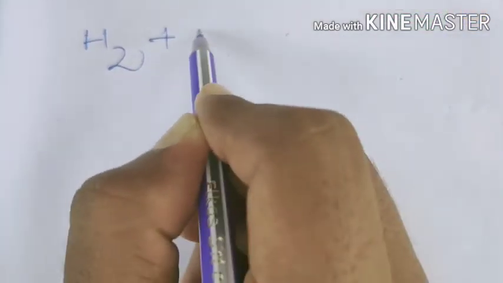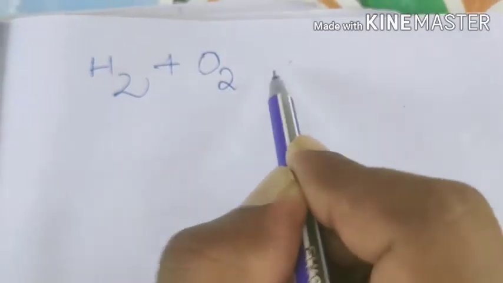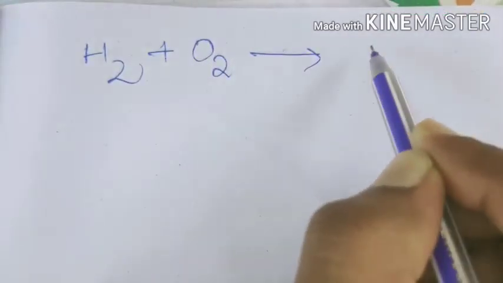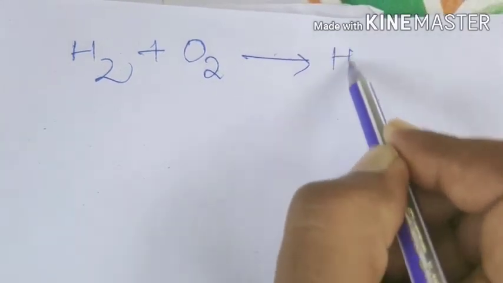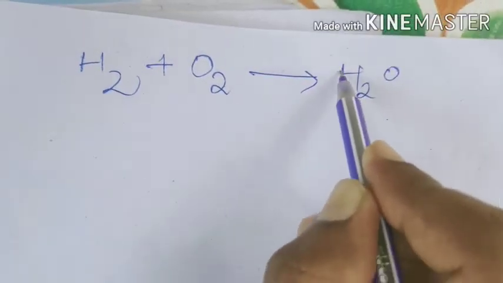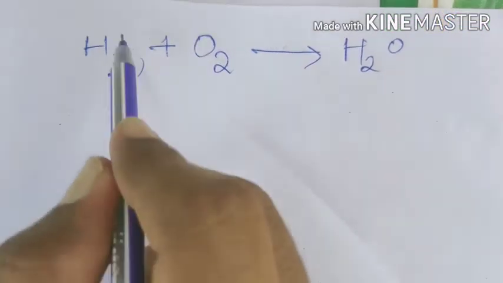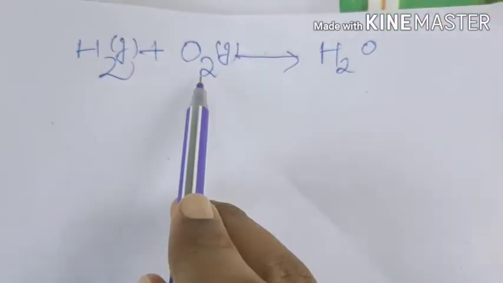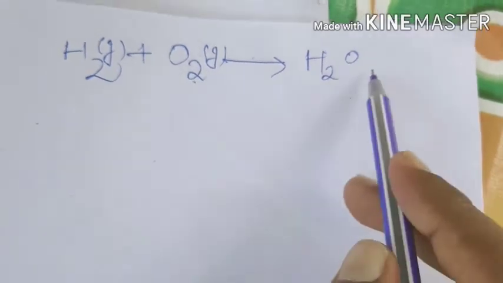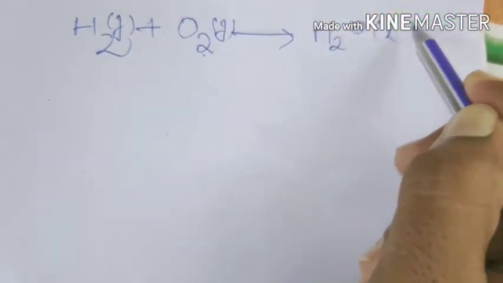Let's take another example. H2, hydrogen gas, combines with oxygen gas, O2, and produces a compound known as H2O, or water molecules. H2 is a gas, oxygen is also a gas, and water is a liquid.